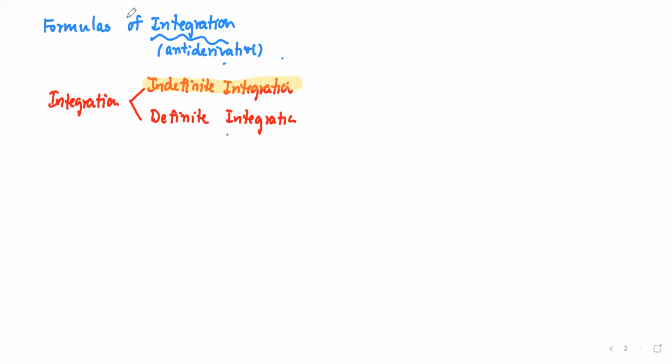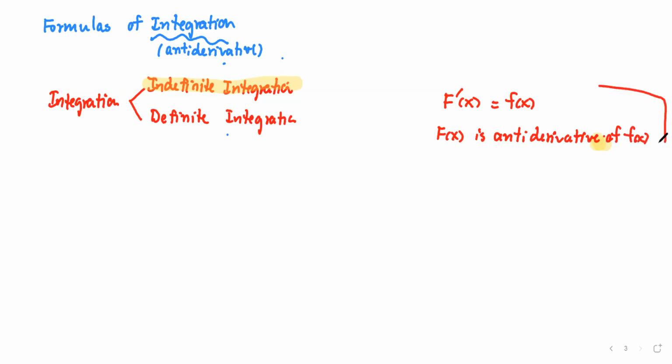And the notation from the relationship that F prime, the capital F prime, equals the lowercase f. So the capital F is antiderivative of the lowercase f from the earlier definition.